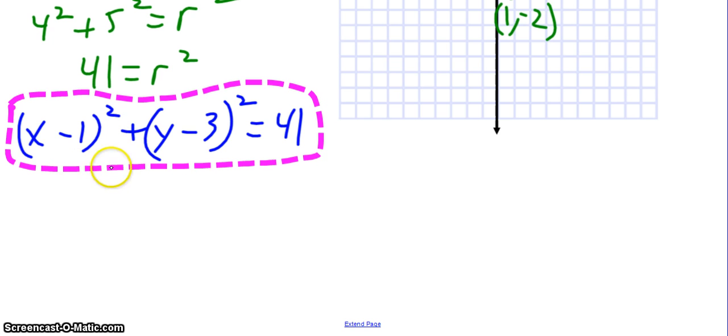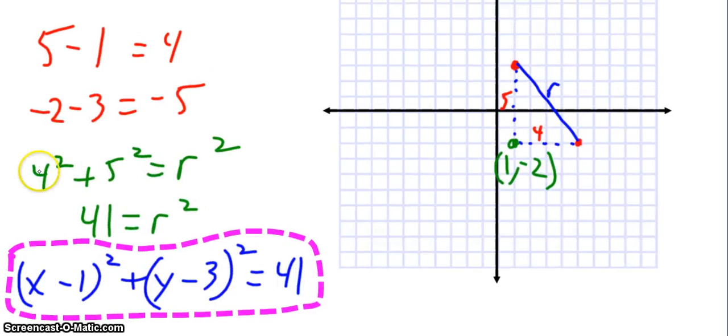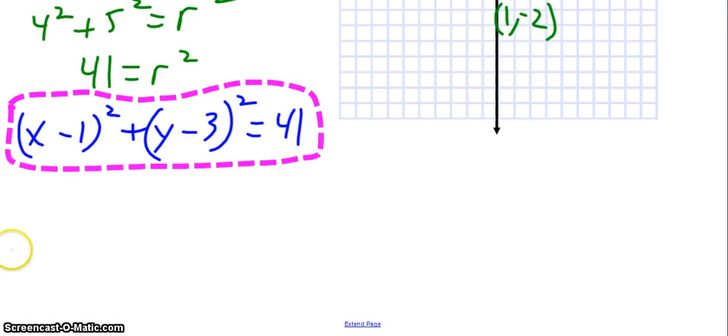And just to emphasize, we did this by thinking about the Pythagorean Theorem, which also happens to be, hopefully we recognize, the distance formula. And this step here, 5 minus 1, and -2 minus 3, that's your x minus h squared and y minus k squared equals r squared. What do I mean by that if you're a little bit confused? Well, if I plug in, this is 5 minus 1 squared, which was my 4 squared.